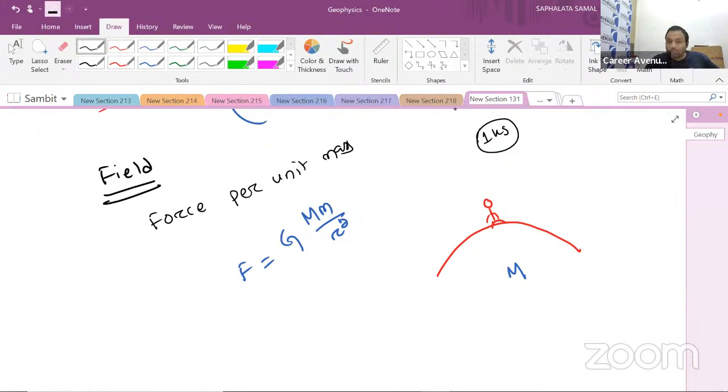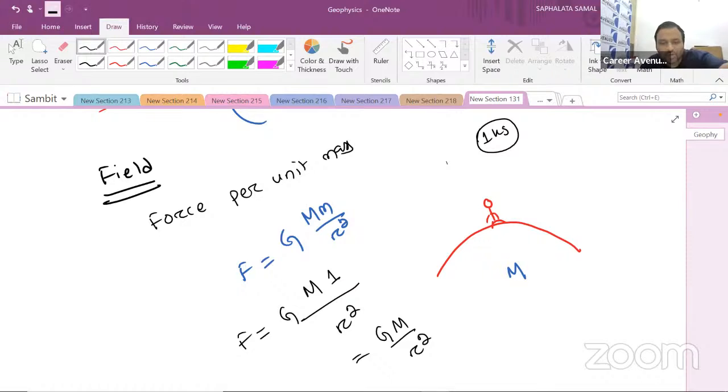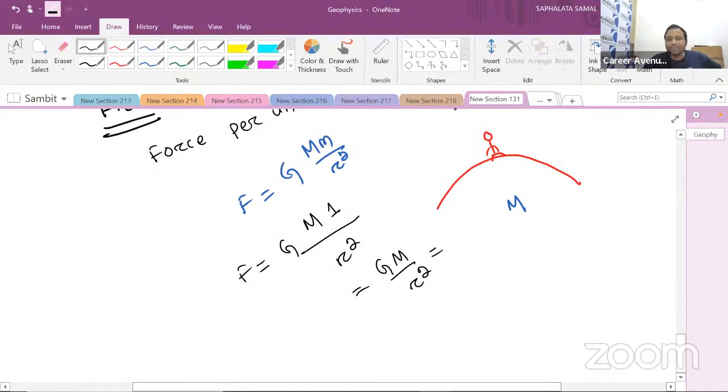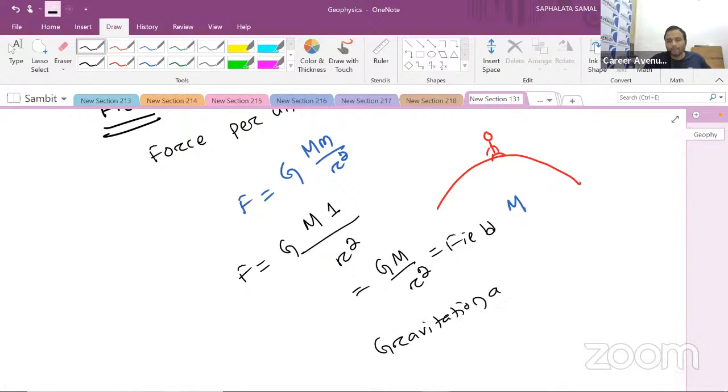How much force will this experience? This will be G M into 1 by r square, which is equal to GM by r square. This is my gravitational field. So my gravitational field is equal to GM by r square, where M is the capital M, the mass of the earth in this case. So we had the gravitational force, and we have the gravitational field.